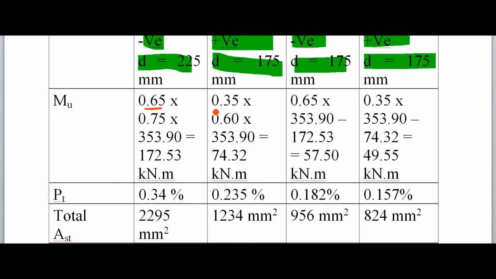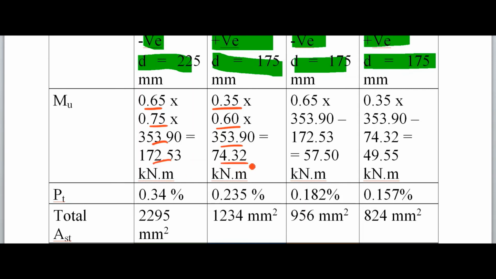0.65, 0.35, negative 65%, positive 35%. We discussed it earlier. 70% and 60% for the positive, 75% for the negative, 60%. So 353.90 is the moment.